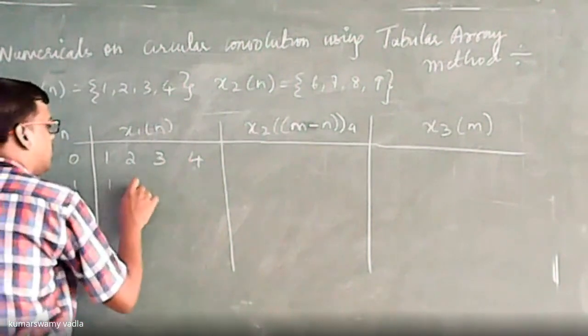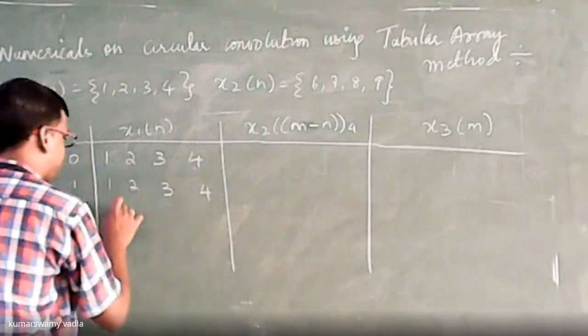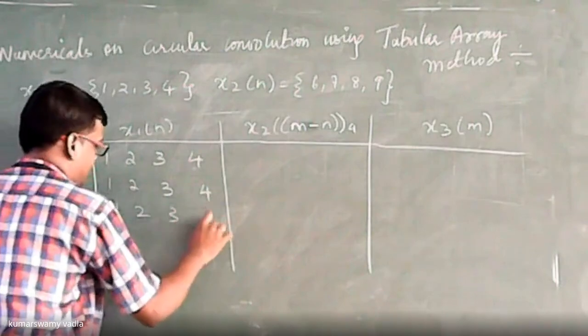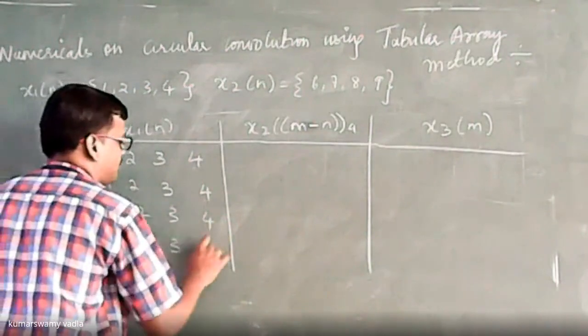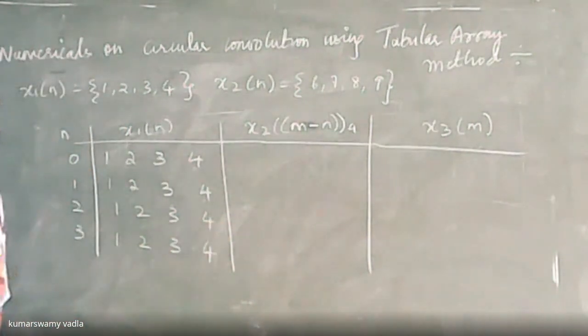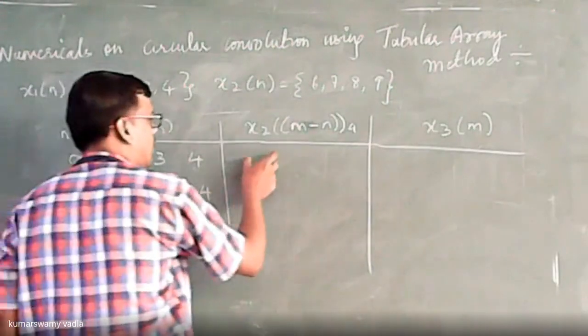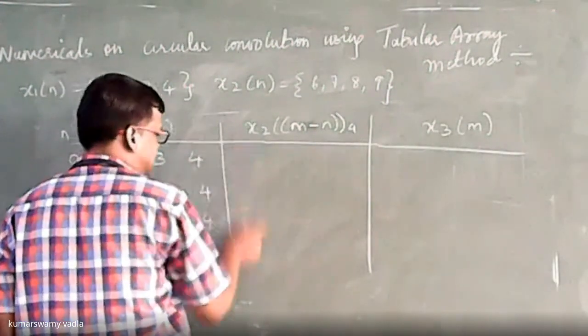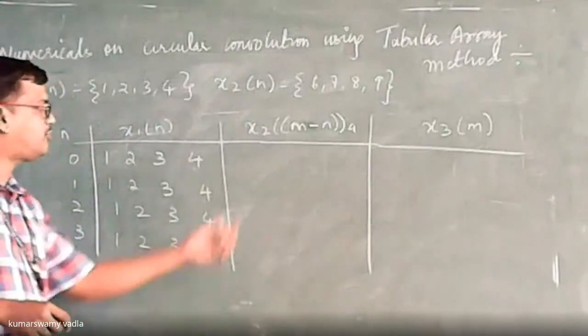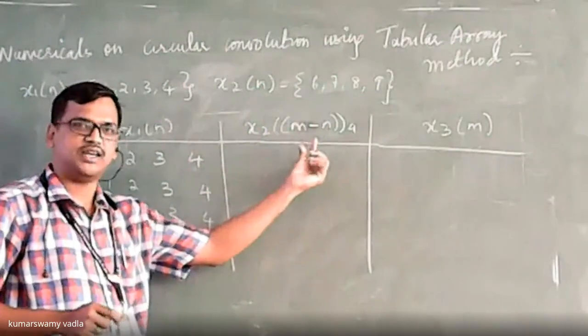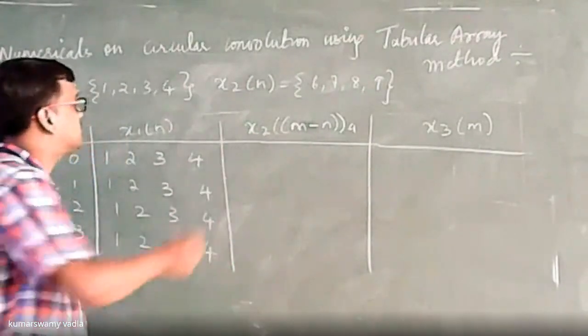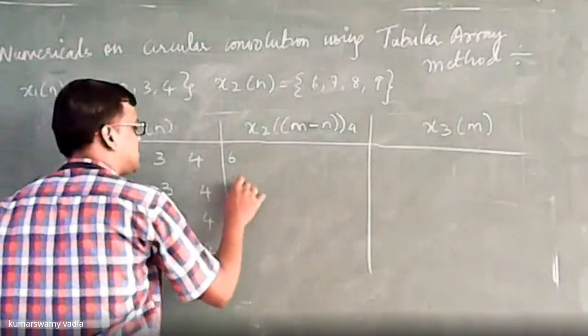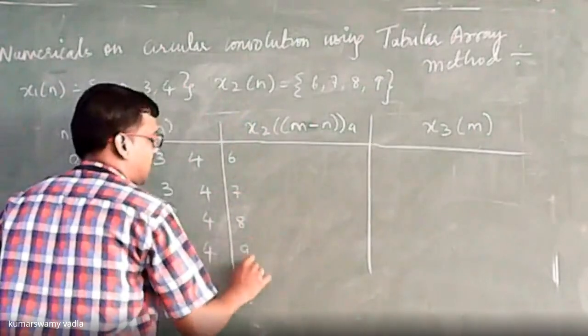So again I will write down 1, 2, 3, 4, 1, 2, 3, 4, 1, 2, 3, 4. Coming down to x2 of m minus n, in the first column, what are the values, please? 6, 7, 8, 9.